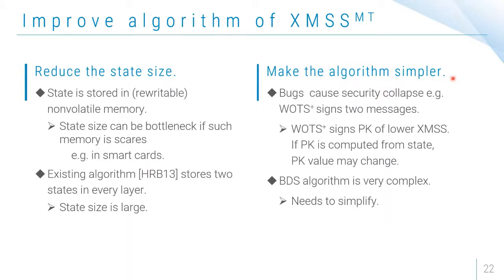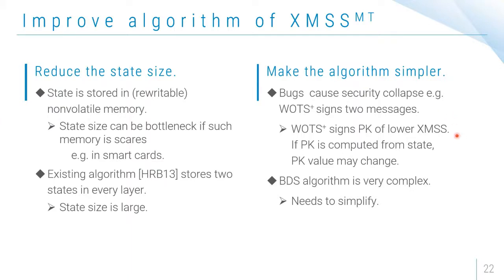Second, we want to make the algorithm simpler. From the properties of XMSS and XMSSMT, they are vulnerable to implementation bugs. The security of these schemes is based on the assumption that a WOTS key can sign a single message and never signs two different messages.